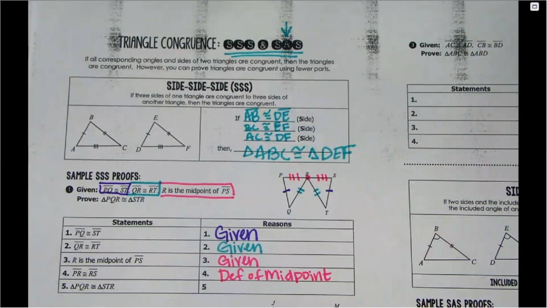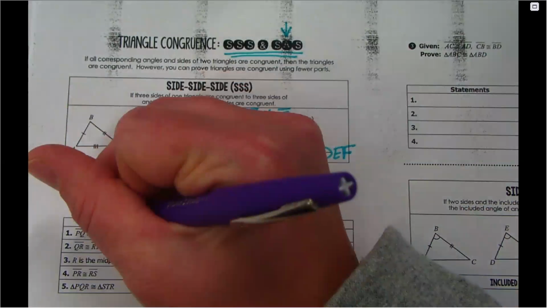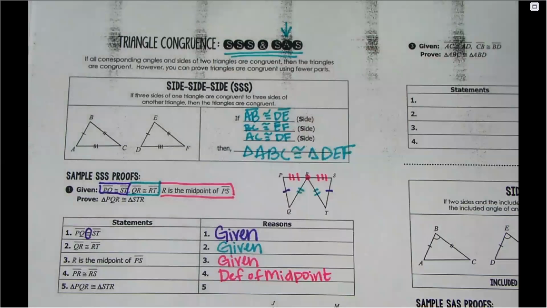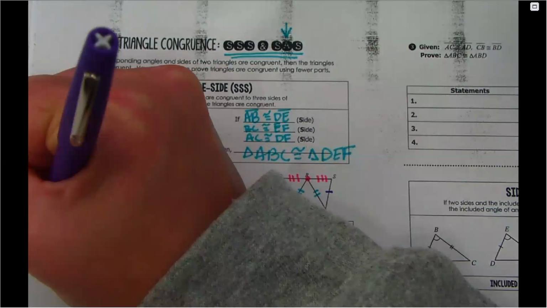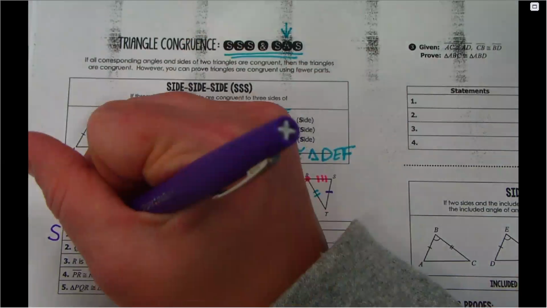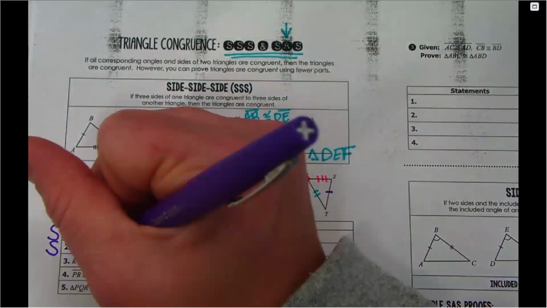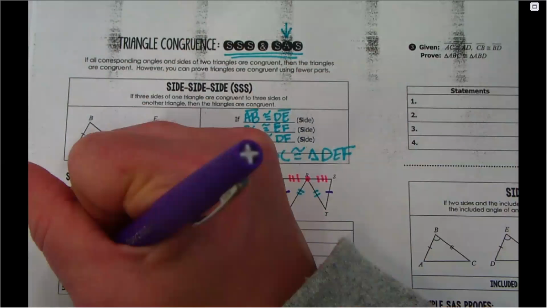But when you don't have it specifically identified that way, look at your congruency statements. That congruency statement is talking about a side. The next congruency statement is talking about a side. 3 is not a congruency statement, so I skip number 3. 4 is a congruency statement talking about a side.